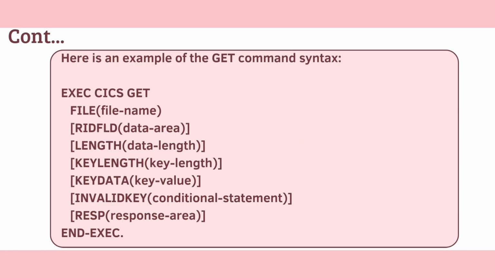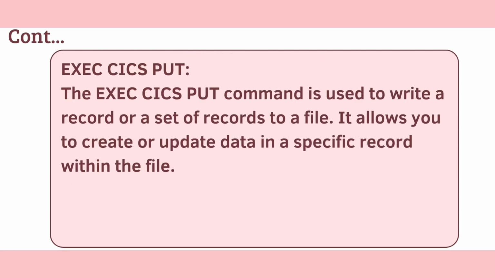Here I am furnishing an example of the get command. Please have a look. Now coming to put. The put command is used to write a record or a set of records to a file. It allows you to create or update data in a specific record within the file.